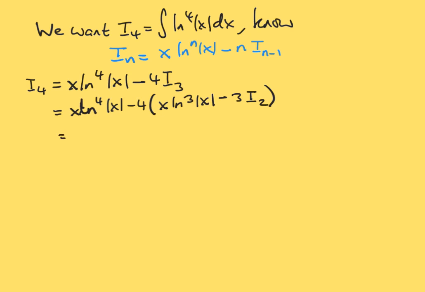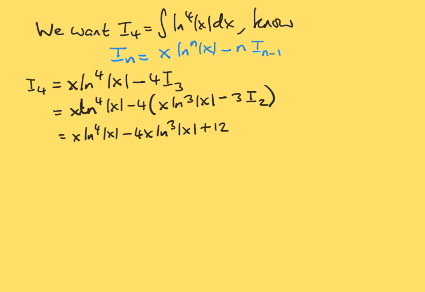equal to, we'll just write it out nicely, x log to the 4th of x minus, and now we're going to multiply the minus 4 into the bracket. So it's minus 4x log cubed x. And now the minus 4 is going to multiply that, and minus minus is plus, 4 3s are 12. So we're going to get plus 12 times I2.